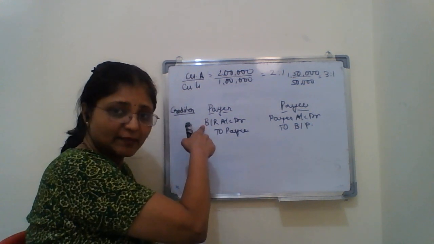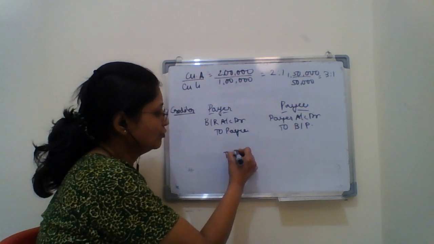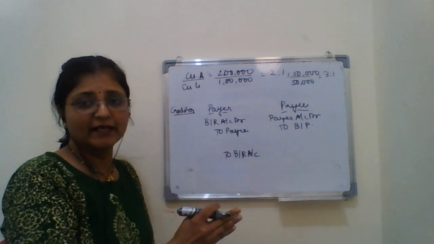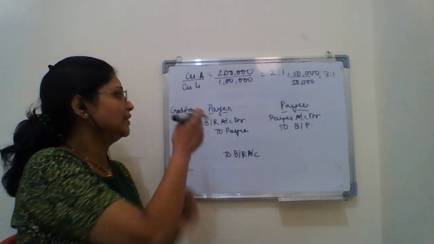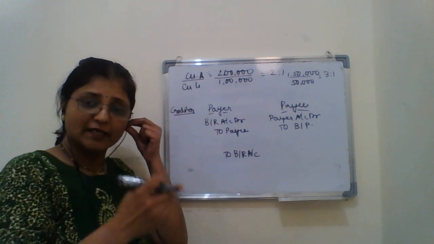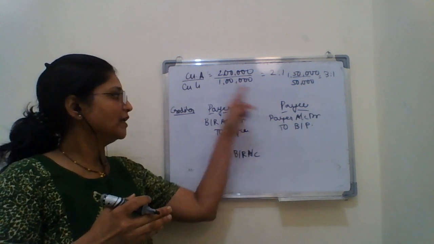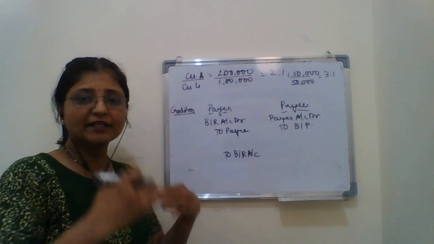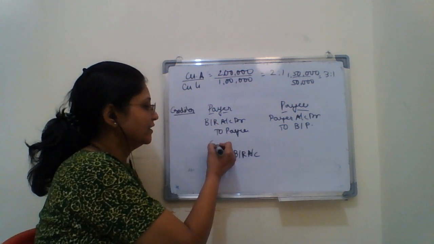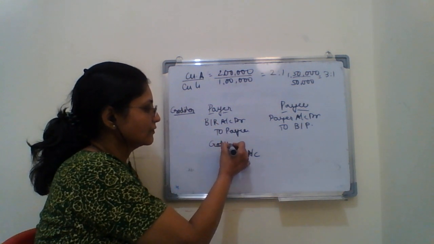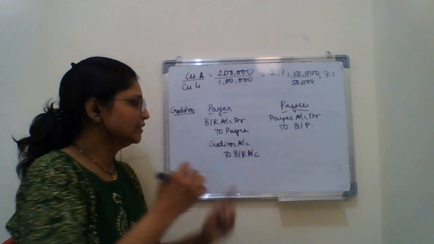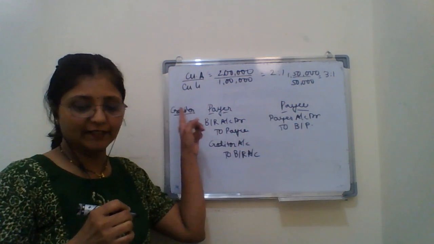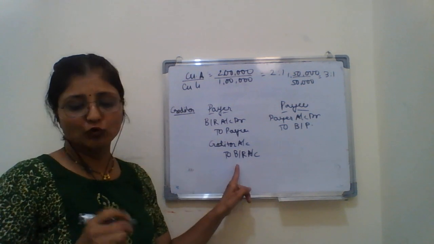So we will credit bills receivable account, and to whom he has given that bill, the creditor, it means his creditor balance will get reduced, his liability will get reduced. So we have to debit the creditor account. So payer is expected to pay to the creditor. So creditor account debit to bills receivable.